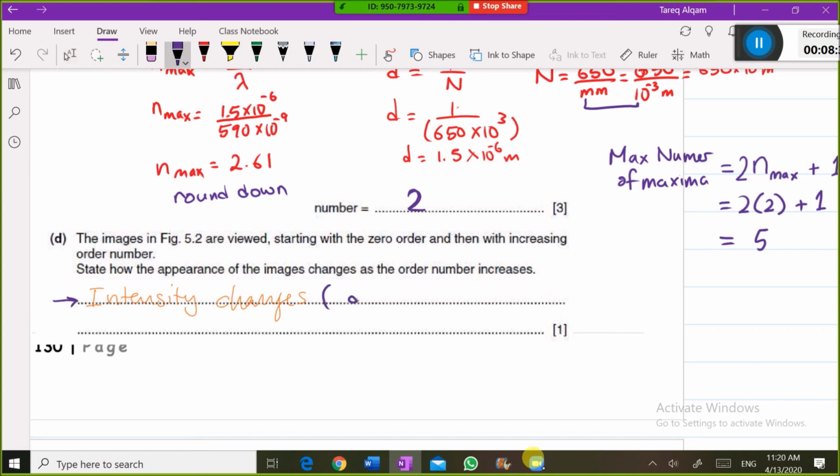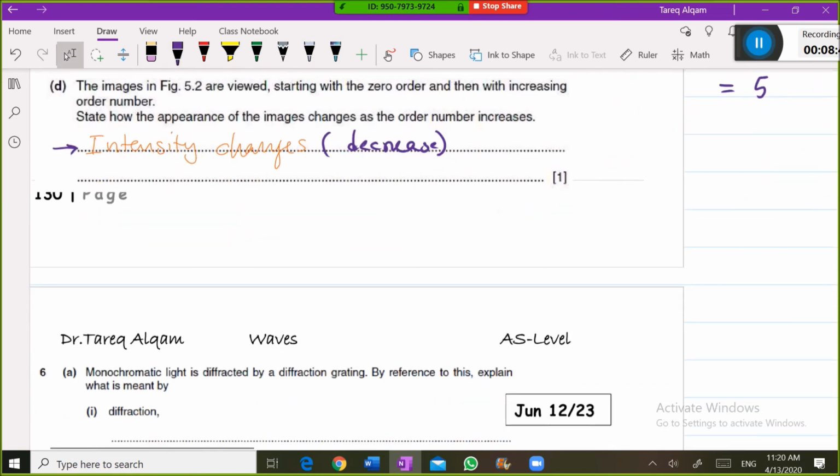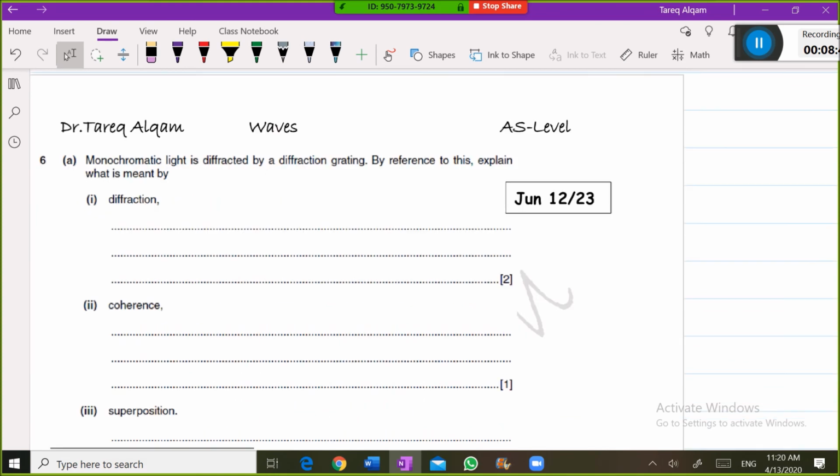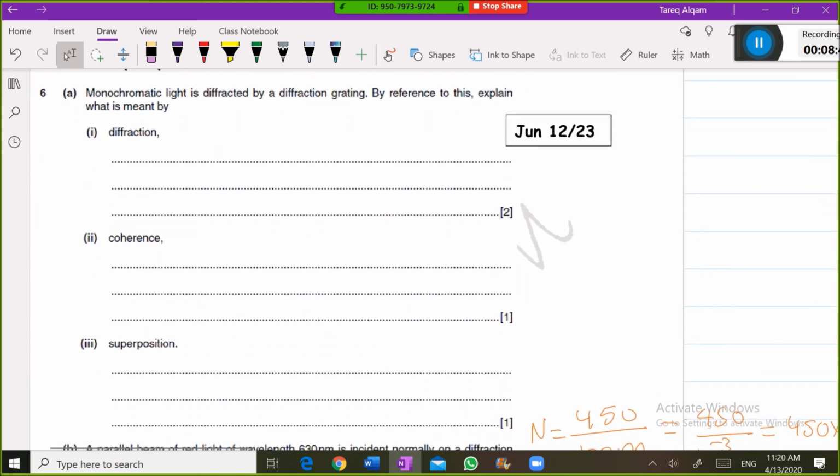Or in other words, it decreases, since the brightest maxima will be observed at the center, then the intensity decreases if we go away from the center. Here we have 3 definitions. We already defined them before: diffraction, coherence, superposition.